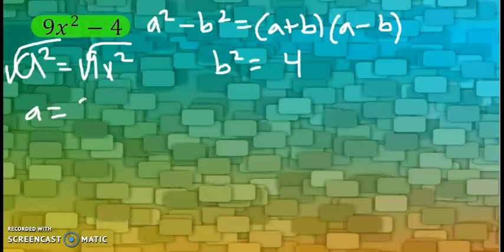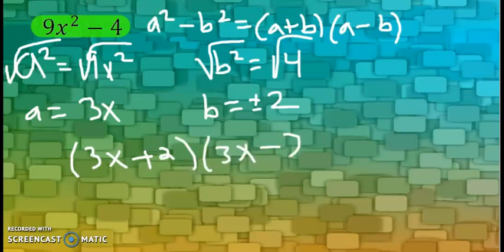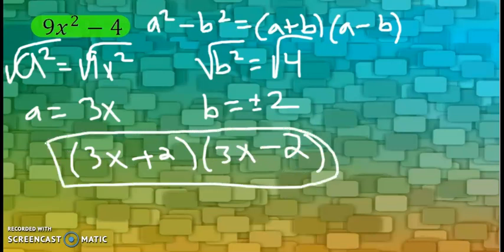The square root of 9 is 3, and the square root of x squared is x. Let's square root the b's. Square root of b squared is b. Square root of 4 is plus or minus 2. Plug it into the formula. 3x plus 2 times 3x minus 2. That's it. That's our factored form.